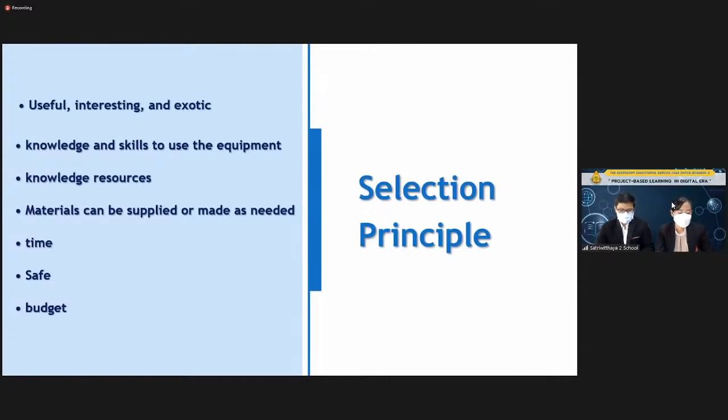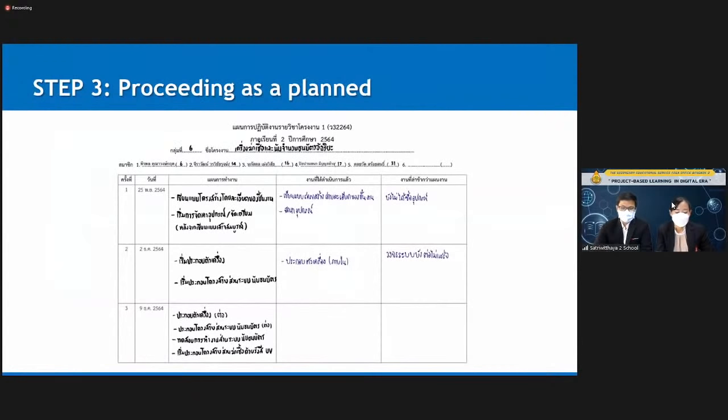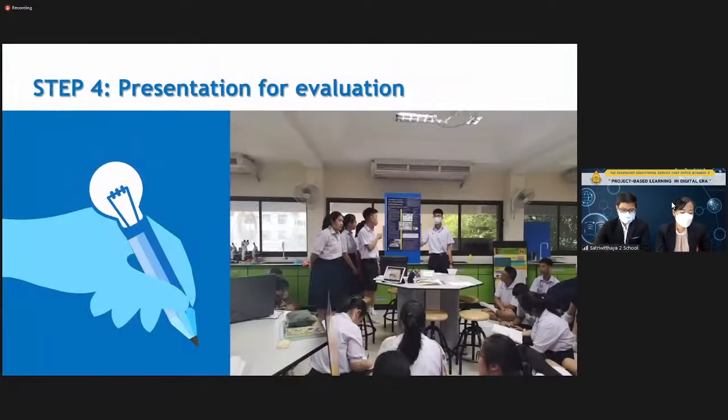Okay, next, in our third step, proceeding as planned in the project. As a result of the proposal passing, the project will proceed as planned with weekly updates to the project advisor. The advisor will assess progress and observe the process skills during the proceeding for authentic assessment.